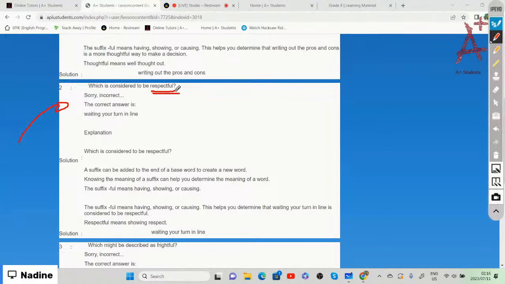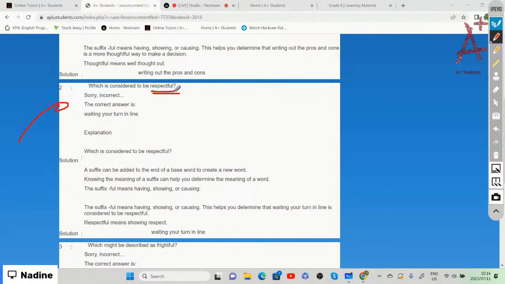So once you wait your turn in line, then it means that you are considering the next person, right? So waiting your turn in line is considered to be respectful.